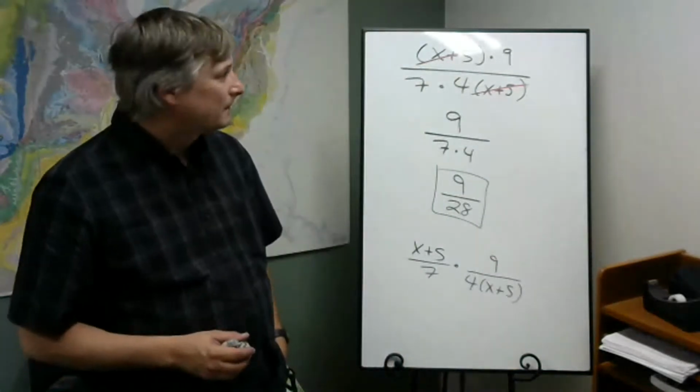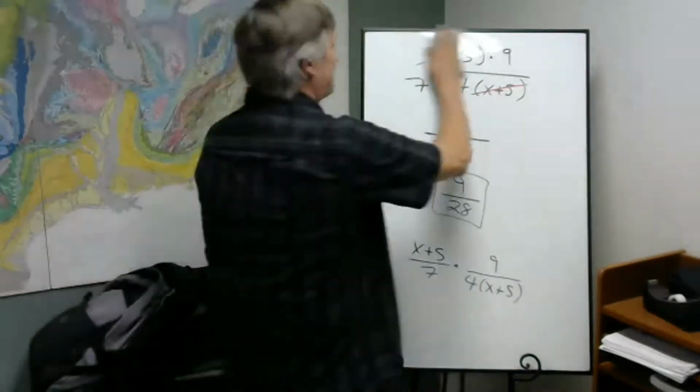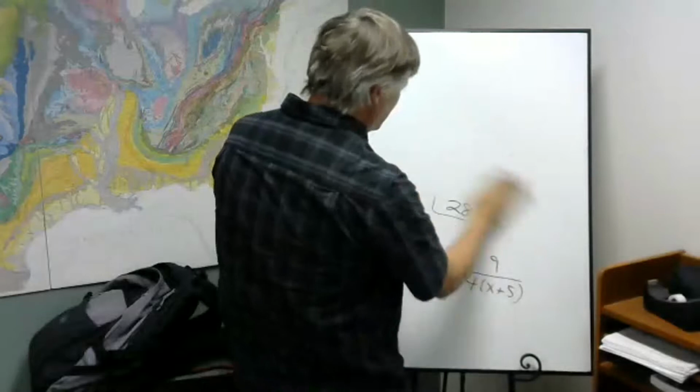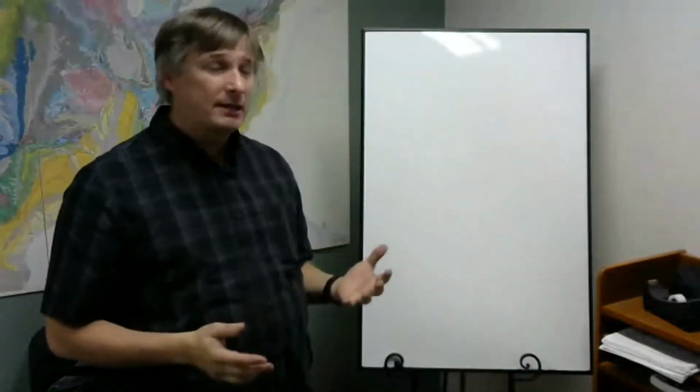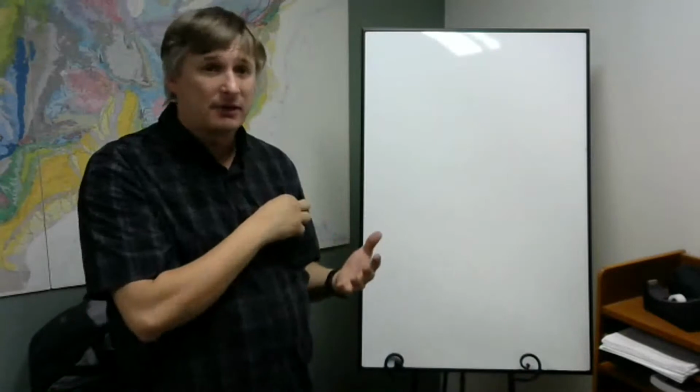All right. So let me do another one. And just like with multiplying, again, that factoring is going to be very key to getting things to cancel out. So let's say we have this.